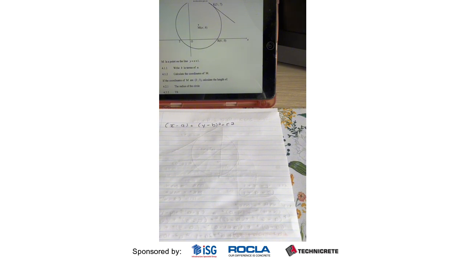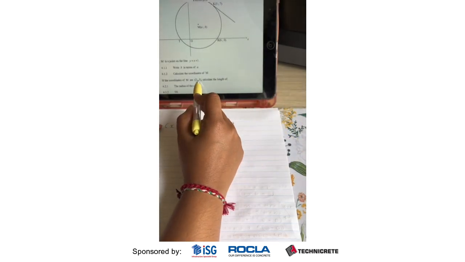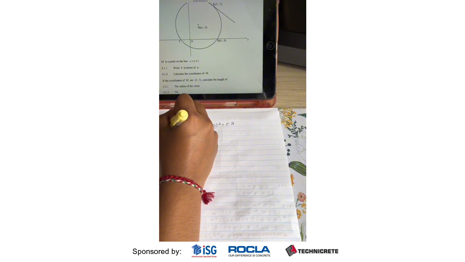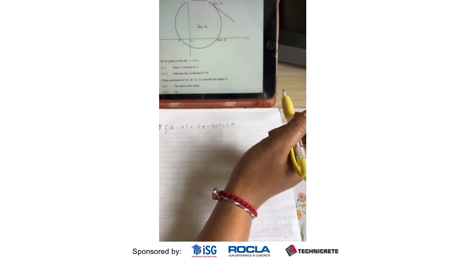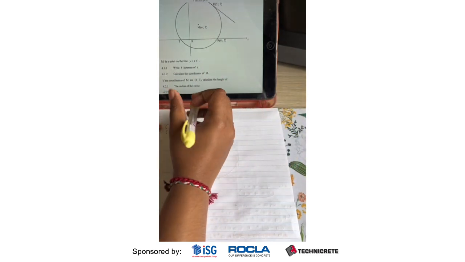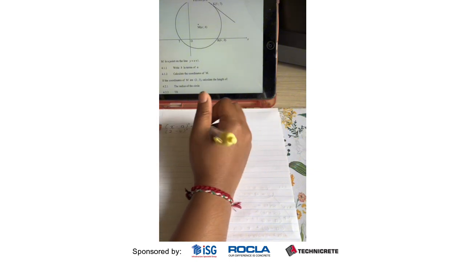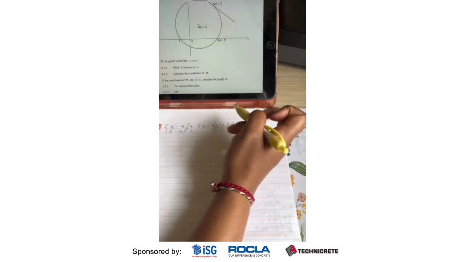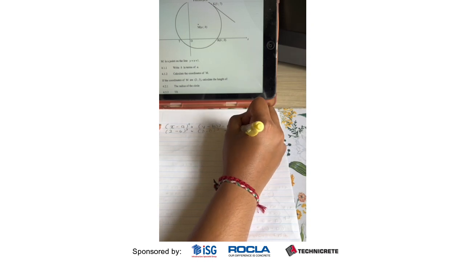Okay, so we know that x of m is 2, and here it's minus 6, squared, plus y of m is 3 minus 0, squared, and that is going to be equal to my r squared.